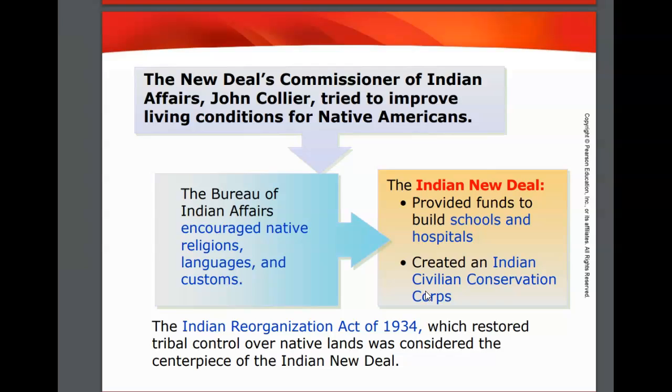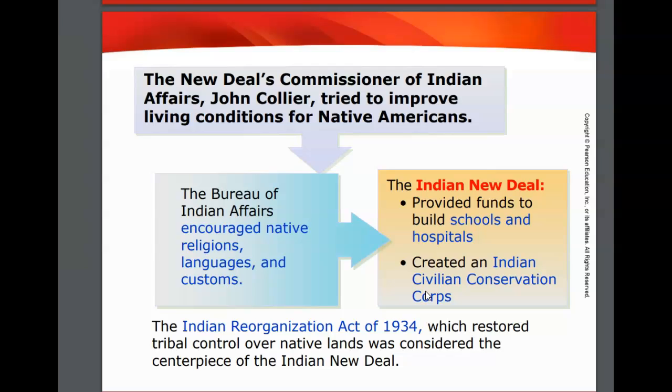You'll read about in your book the Dawes Act of 1887 that divided tribal lands into smaller plots. But by the 1930s, American Indians' condition had actually worsened, and it actually worked against the American Indians that it was designed to help. So that needed to change.